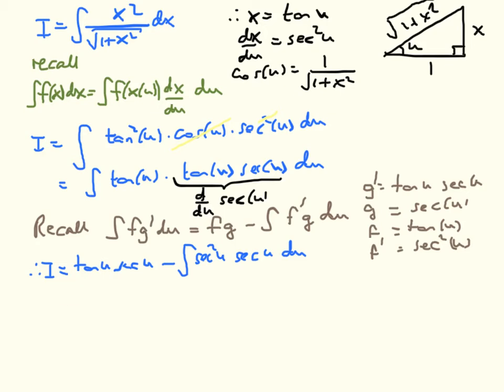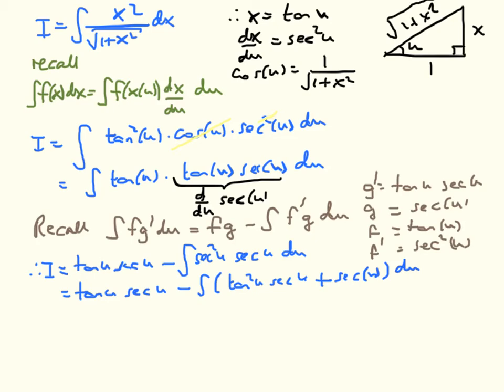So our integral is tan u sec u minus the integral, open brackets, tan squared u sec u, that's the tan squared from here times sec, plus, and now we have the 1 from the sec squared times sec, so that's just plus sec of u, integrated with respect to u.